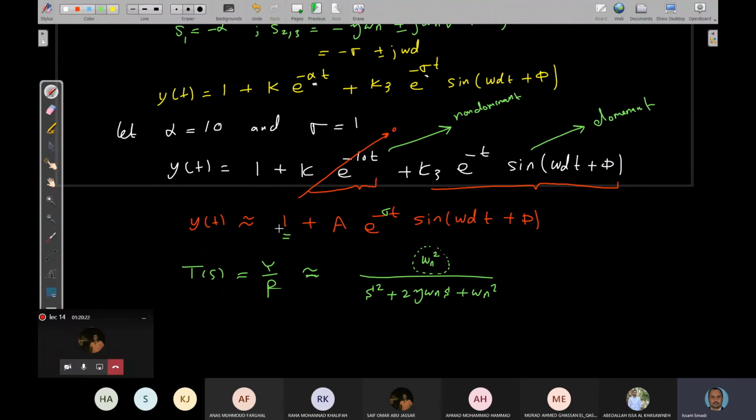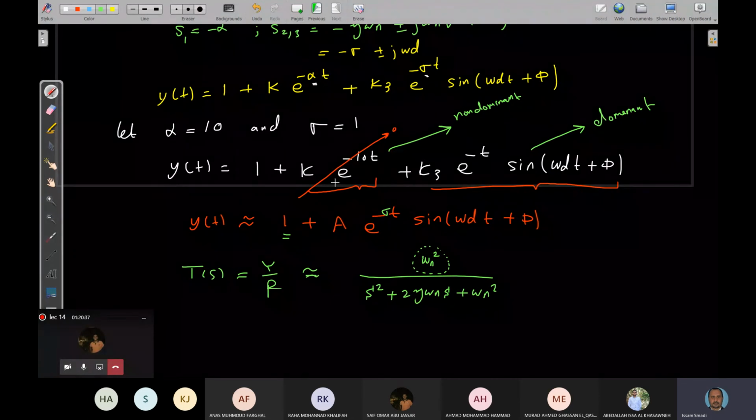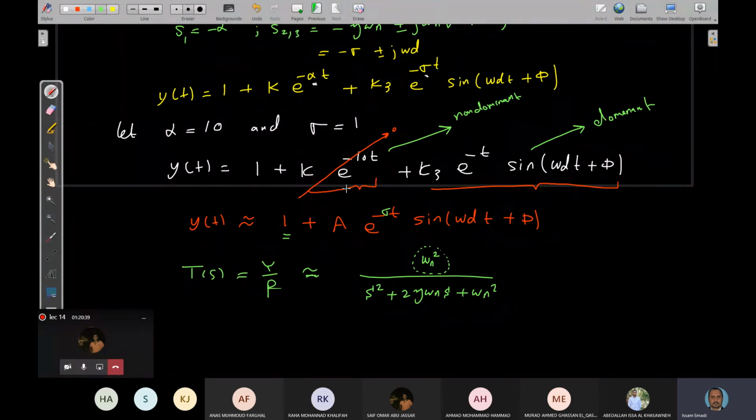If I'm approximating a system, will it change the final value? No, the final values are the same, except that I'm modifying the transient. Here I'm saying that the transient can only be characterized correctly by the dominant system, not the non-dominant system. So in this case, I should maintain the DC gain equal to 1.